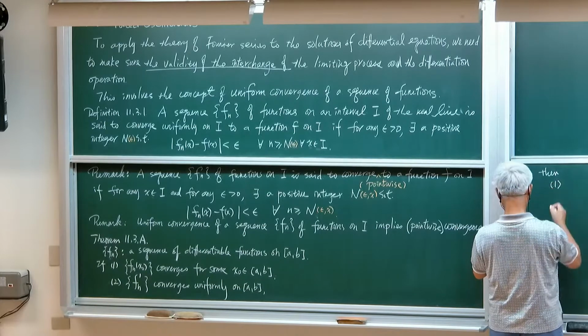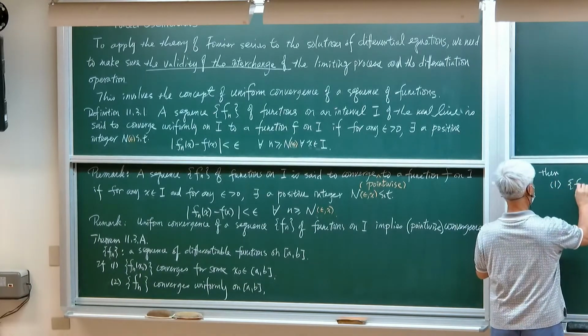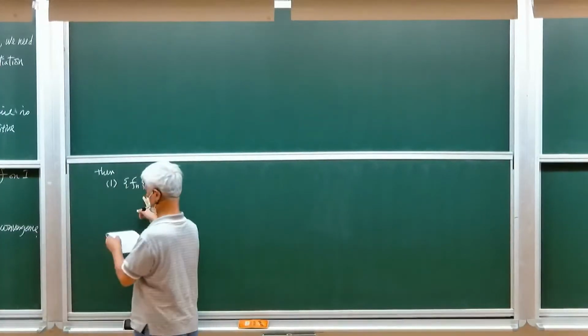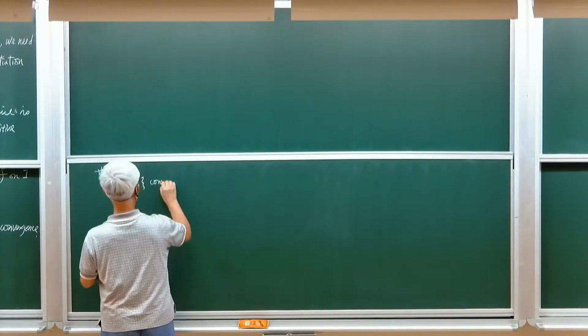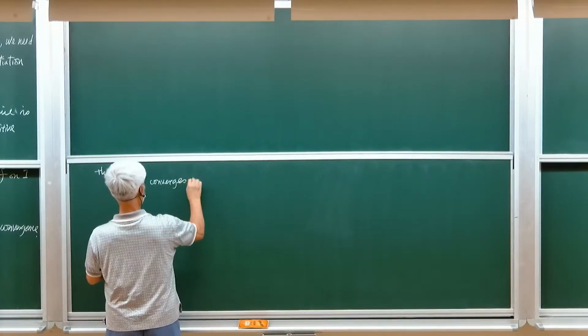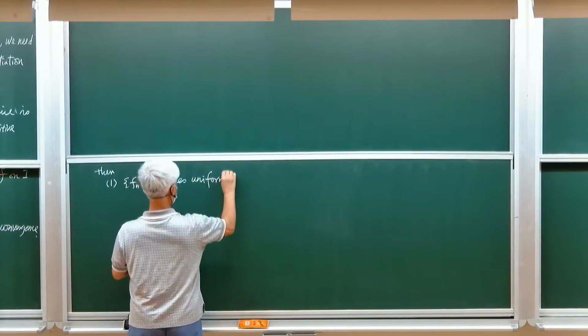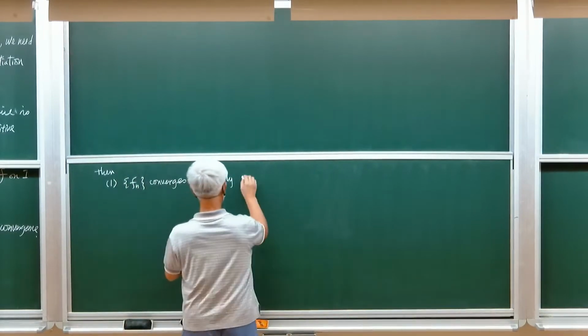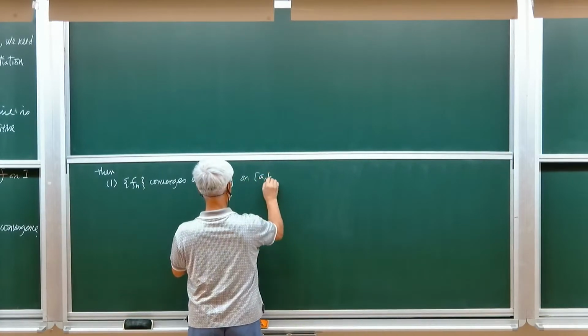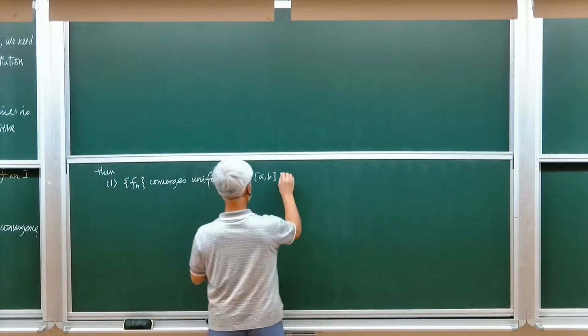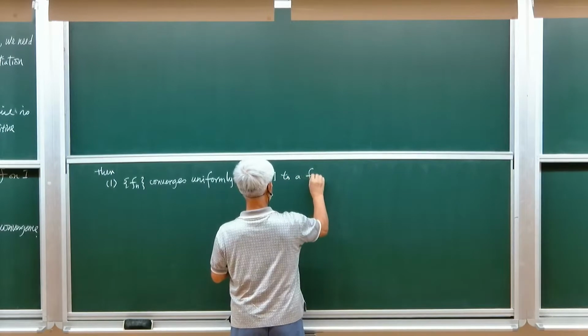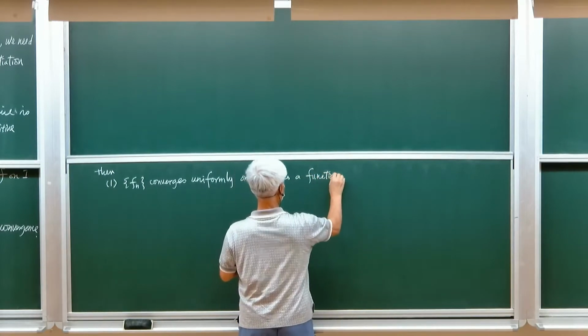So if we have these two conditions, then first, the original sequence of functions converges uniformly on AB to a function f.